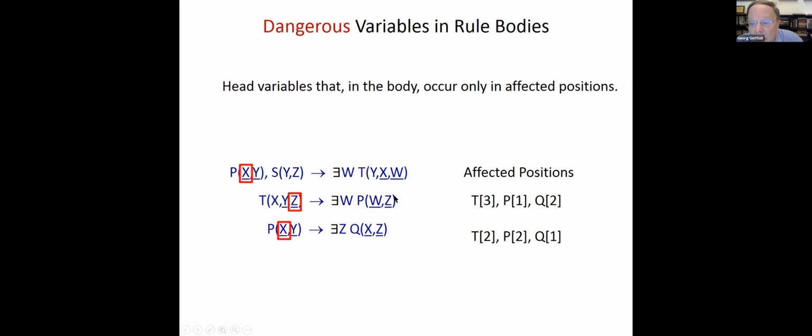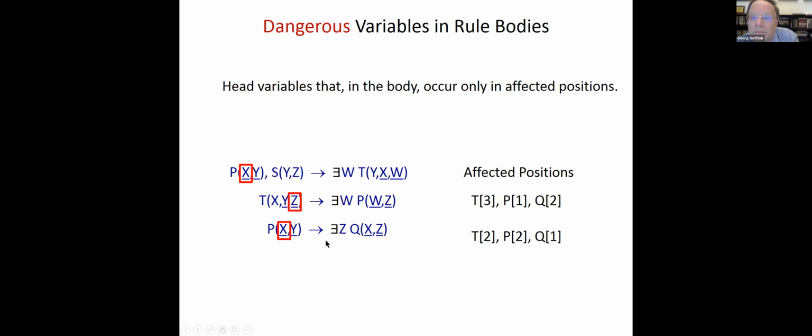And in a similar way here, the C is affected. The Y doesn't occur in the head here, so it's not dangerous in this rule. And the X is affected here, just like it was affected there. There's no Z here, and this Y doesn't occur in the head, so it's not dangerous. So these rectangles show us the dangerous variables.